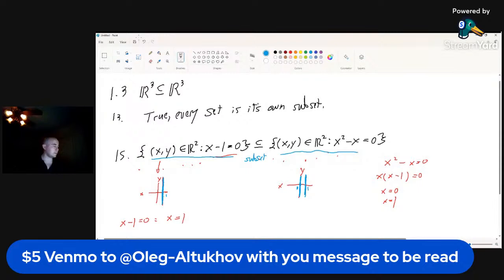Well, we have the x on a number line at 1, and it is a subset because you can find it right here. It's a one-to-one match. It exists there. So yeah, we're good. Yes, it is a subset.